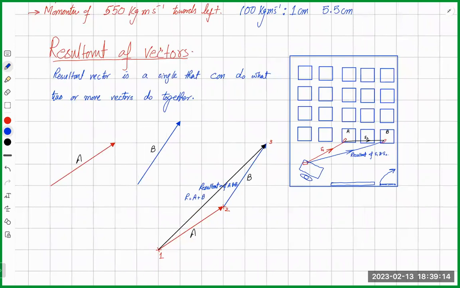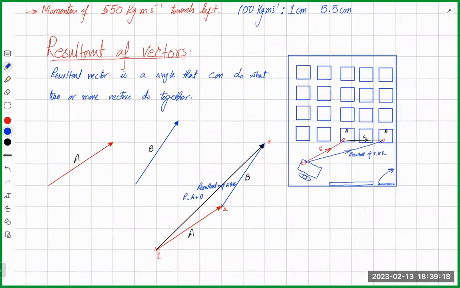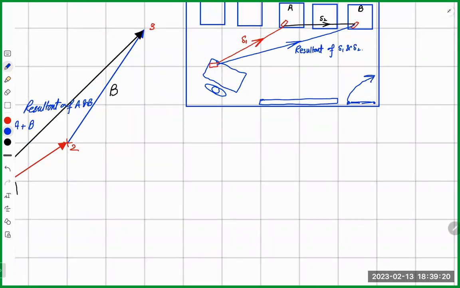Now, what if we have more vectors? No problem. Draw the first vector, draw the second vector, draw the third vector, and the resultant will be the vector from the tail of the first to the head of the last.